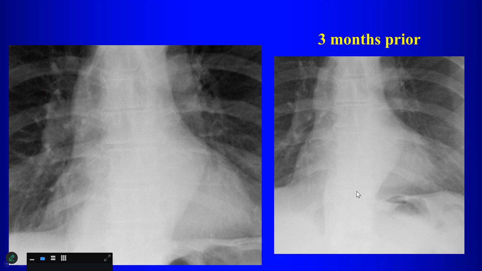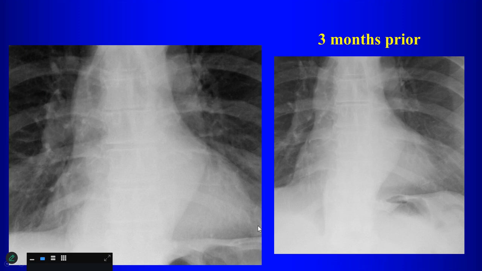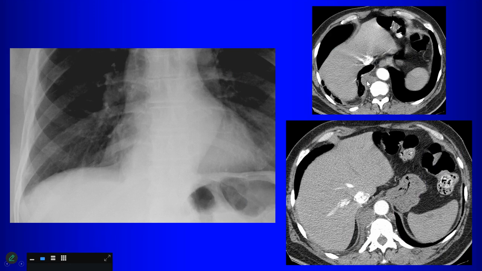So here's the descending aorta over here, okay? If I go back here, you can see the azygoesophageal line in here, that's okay. But over on the right side, there's a bulge here, right? That wasn't there before. That's the paraspinal line. Now there's a bulge in it. What compartment is that? Posterior mediastinum, right? This was a rare case of posterior mediastinal lymphadenopathy in this patient.